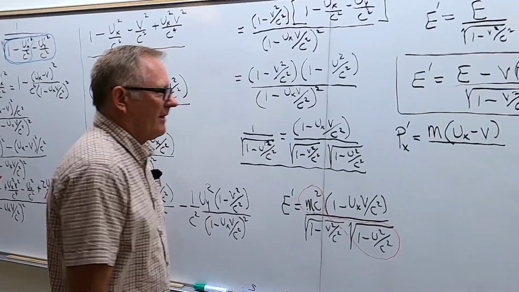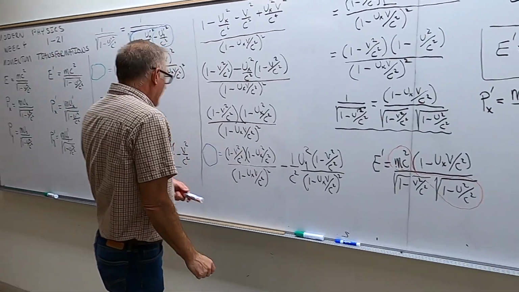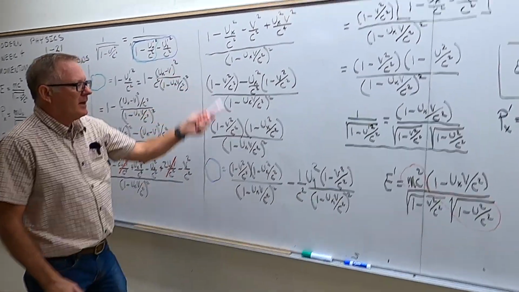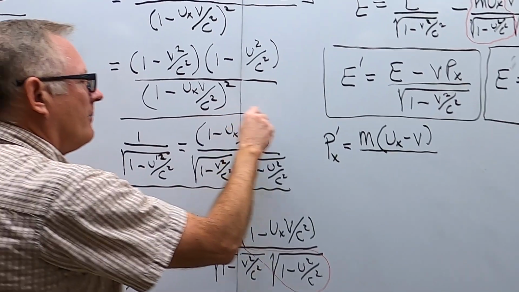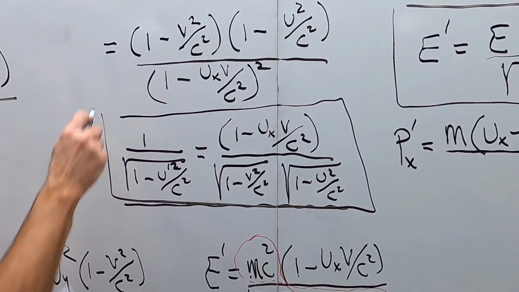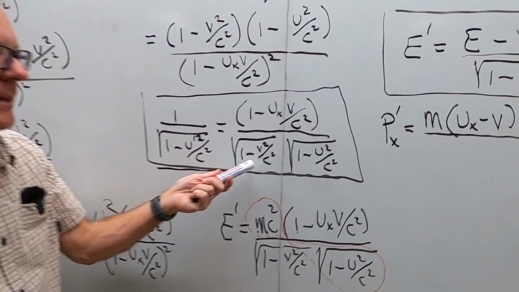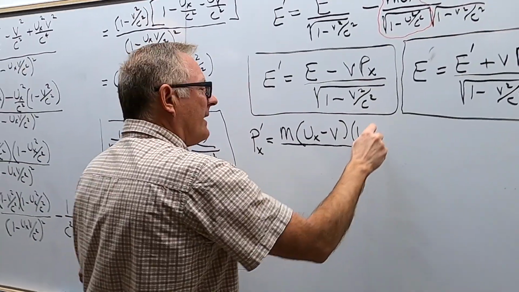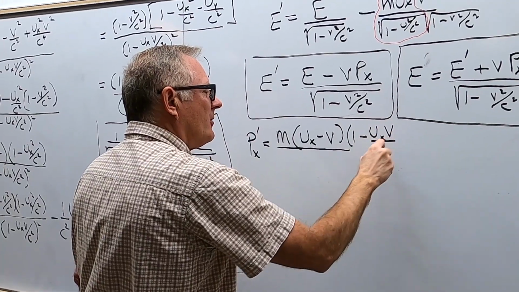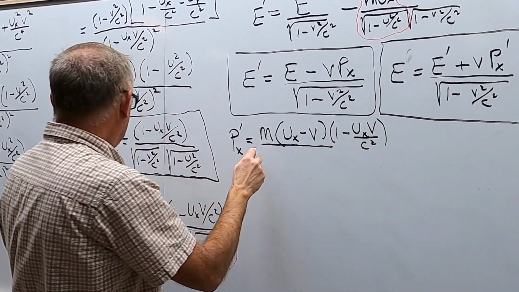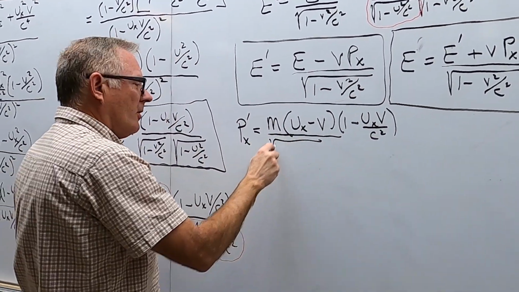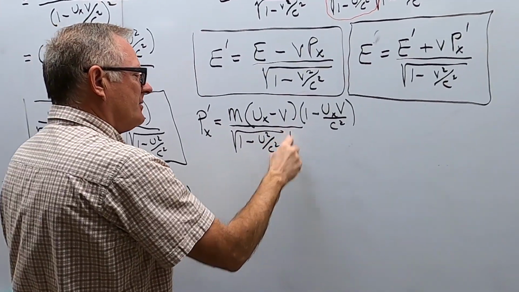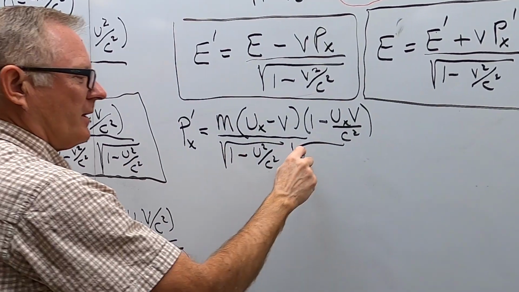Well, we already know what all that term is right here. Okay, better put that box around here. There is the denominator right there. So I just have to multiply it by this, 1 minus ux v all over c squared. And down below we have the square root of 1 minus u squared over c squared, the square root of 1 minus v squared over c squared.